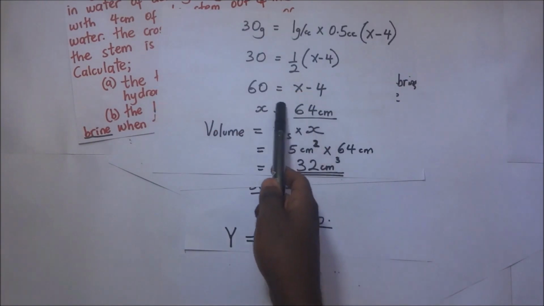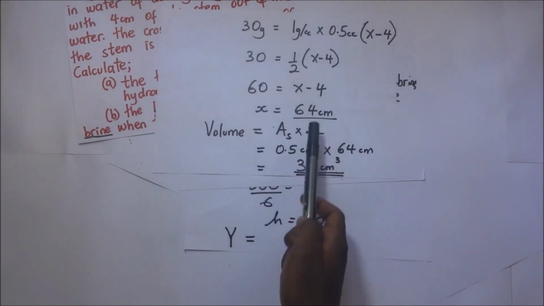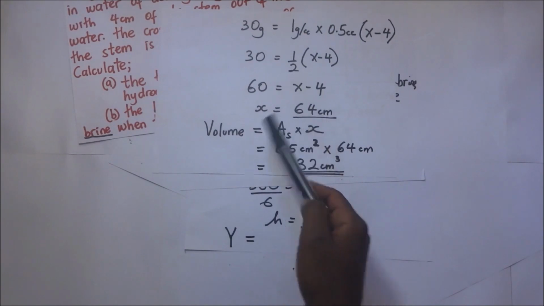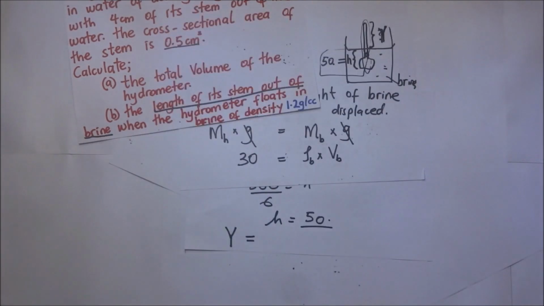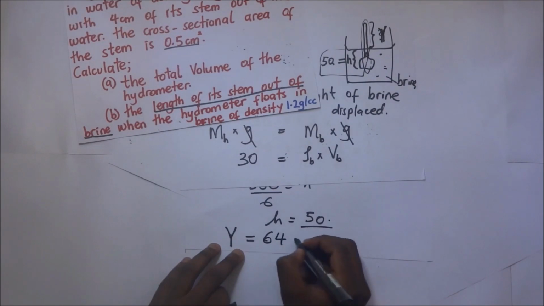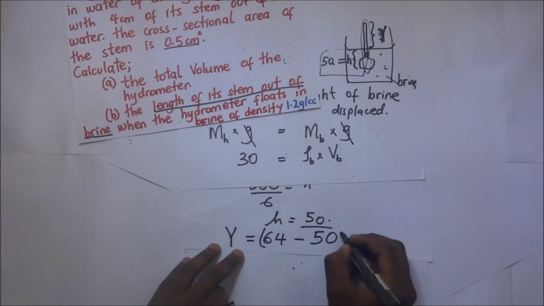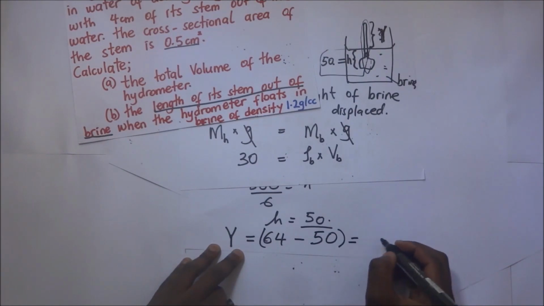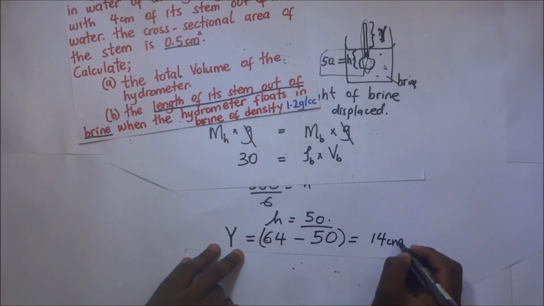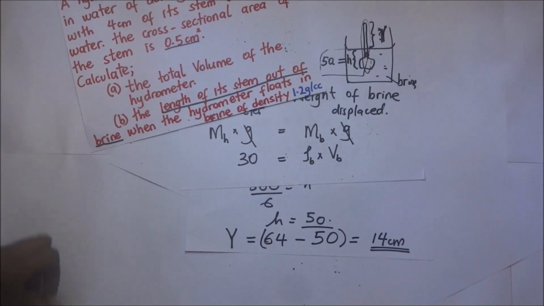This 64 is the value of x we got when we were doing part A. So 64 centimeters minus 50 gives us 14 centimeters. That is the length of the stem out of brine.